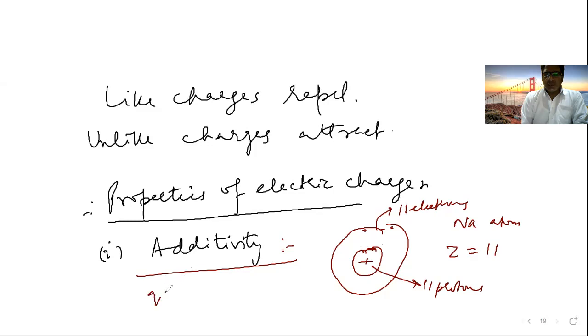So total charge in this sodium atom is plus 11e minus 11e, which is 0. So it is neutral, right? e stands for this value, 1.602 into 10 raised to the power minus 19 coulomb. This is the additivity property.